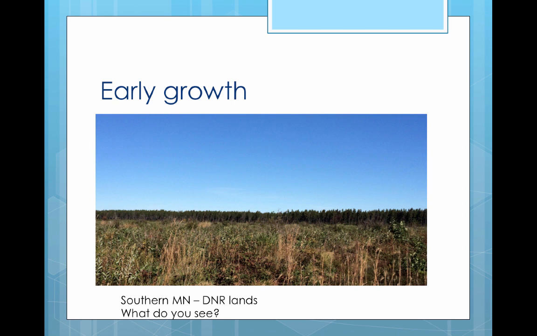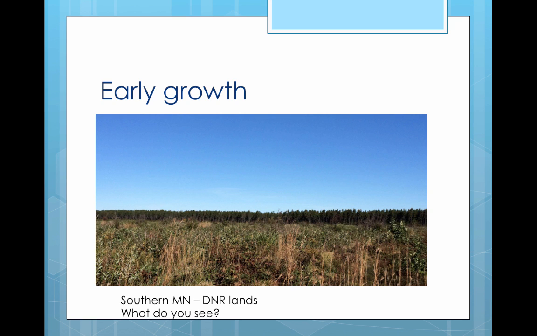So early growth. This is a picture I took from southern Minnesota on DNR land. And what are you looking at? What do you see? Well, it may be hard to see, but what you're looking at is that the Minnesota DNR in southern Minnesota has been acquiring old agricultural land. And this is one example. So there's actually a ton of different trees out there, but there's also a lot of invasives.